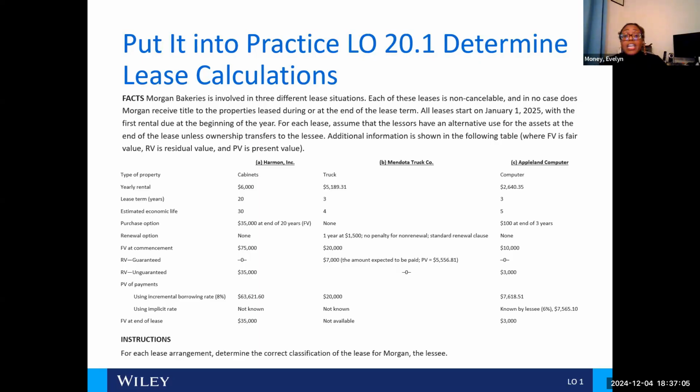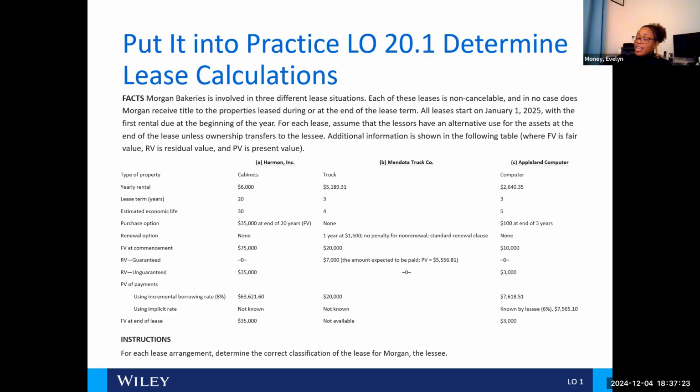For each lease, assume that the lessors have an alternative use for the assets at the end of the lease unless ownership transfers to the lessee. Now, why do they give us that sentence? To tell us that the last test, that alternative use test, has not been met.